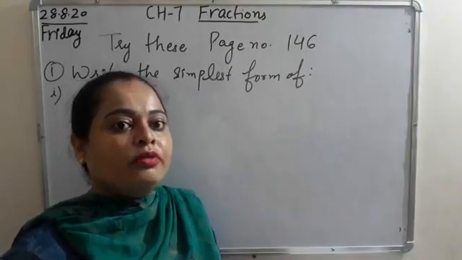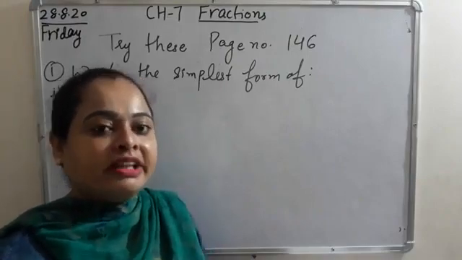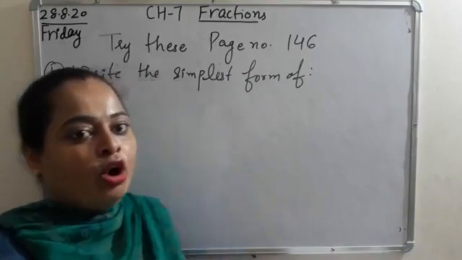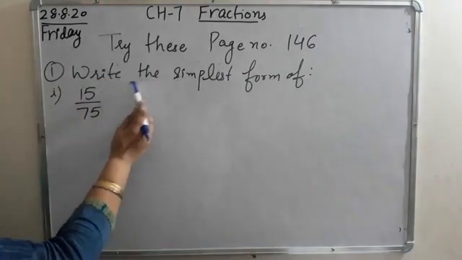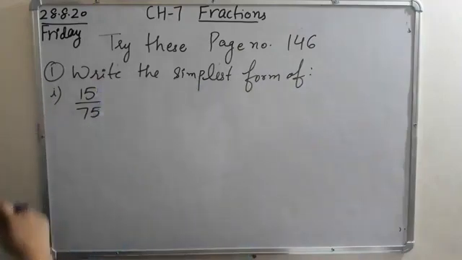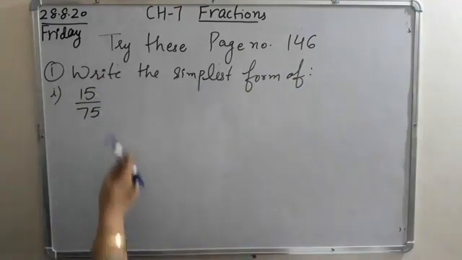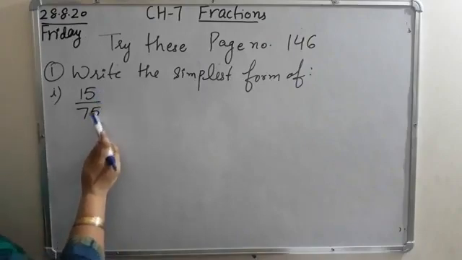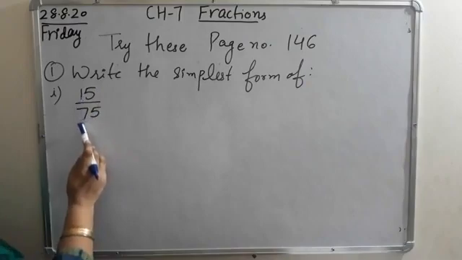Now come to the question from page number 146. Try These based on simplest form. Write the simplest form of 75 by 75. Numerator is 75, denominator is 75, have common factor 3.